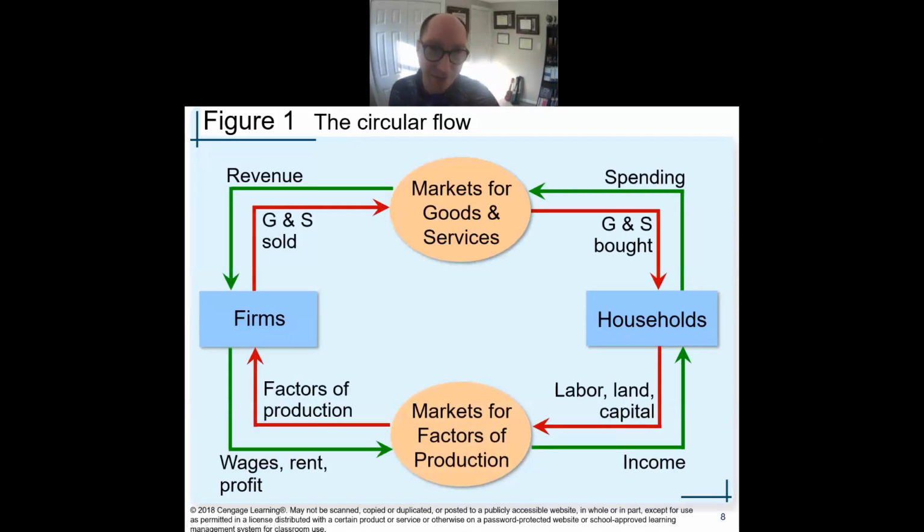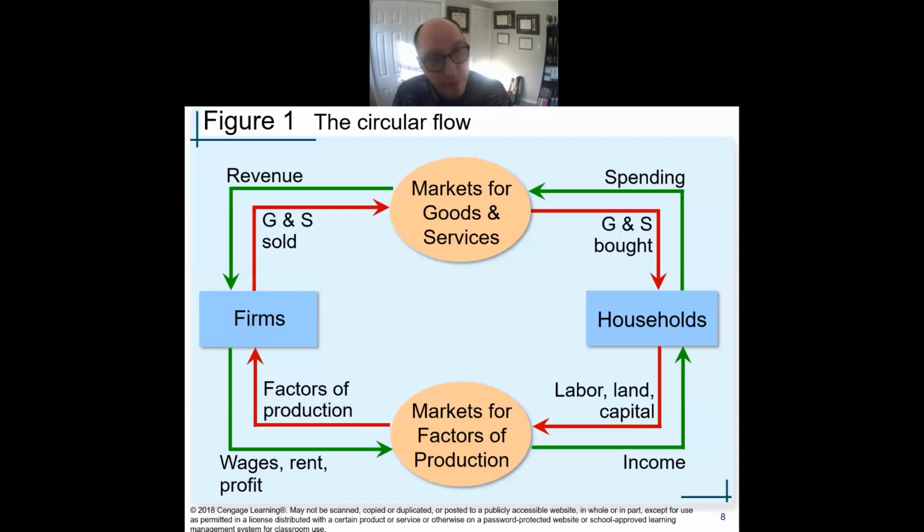Okay, here's the circular flow. Now, this graph gets a little confusing looking, right? There's a lot of inputs and outputs and so forth and so on. We see how households and firms interact with each other. Now, let's take it from the firm first, okay?